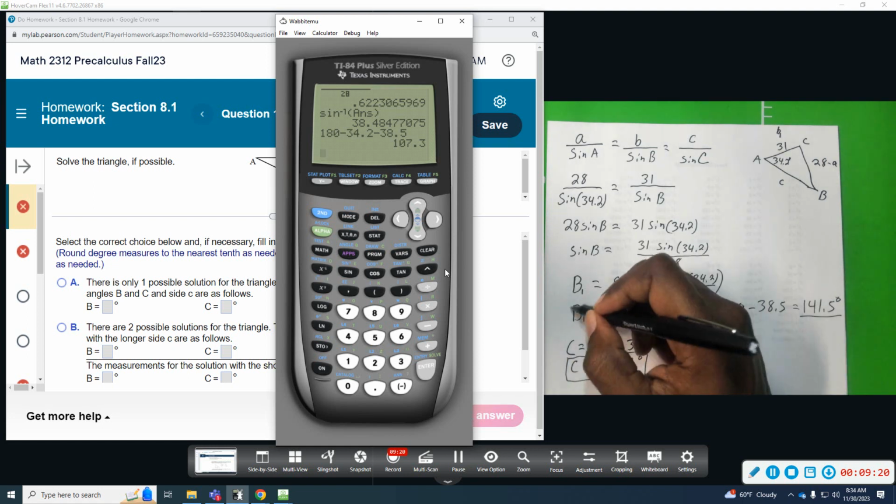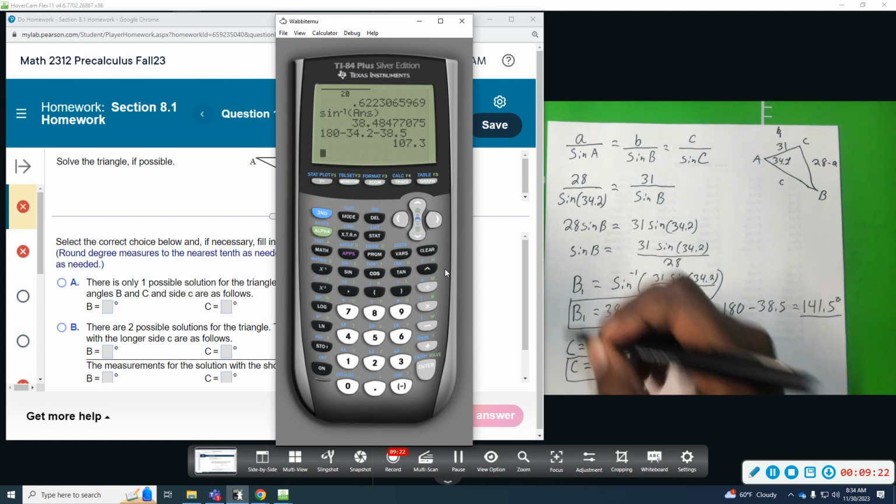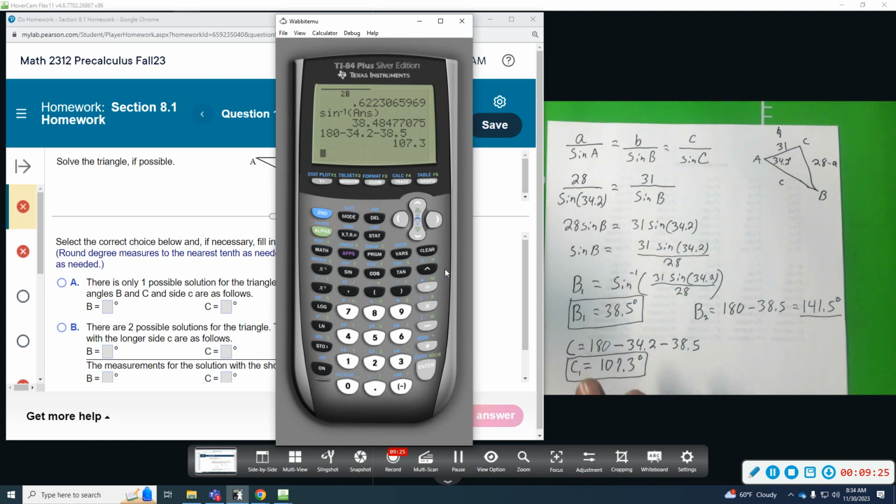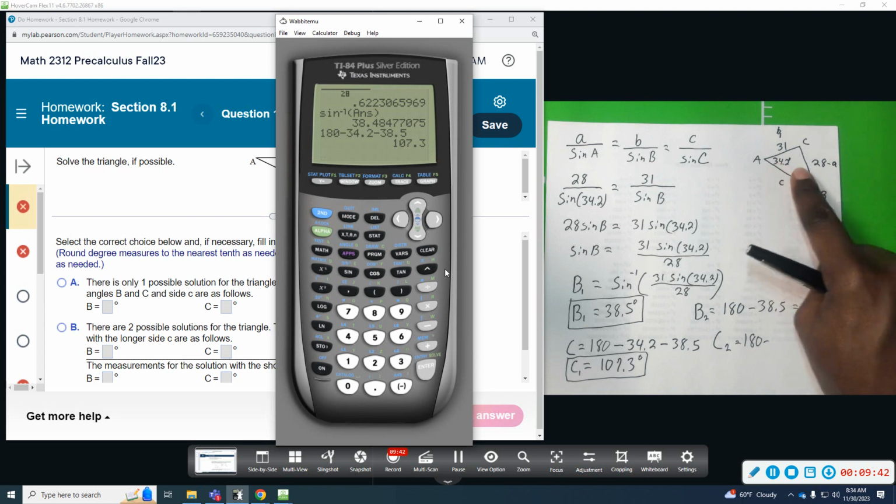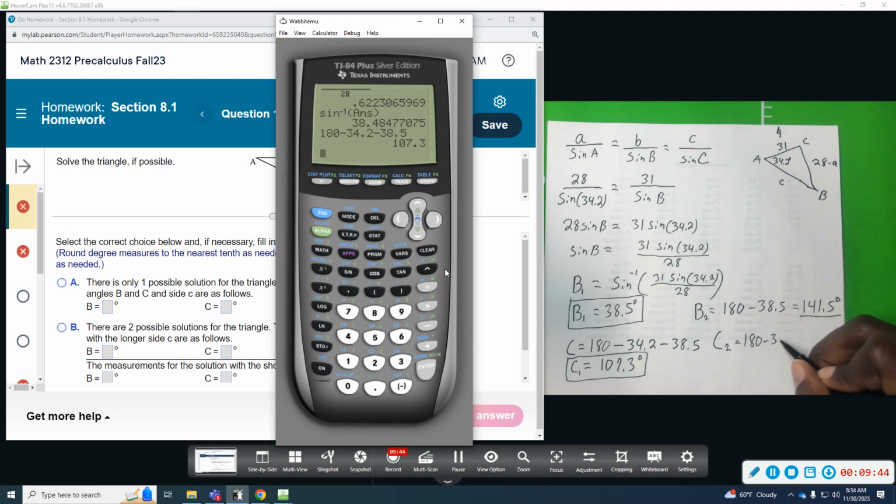So the last measure that we need, and I'll just call this C1, the last measure that we need is side C. Side C, we'll use the law of sines to find that in just a moment. I'm going to go ahead and find the angle C for the second case. So C2 is going to be 180 minus the 34.2. So same angle A, 34.2, minus the 141.5.